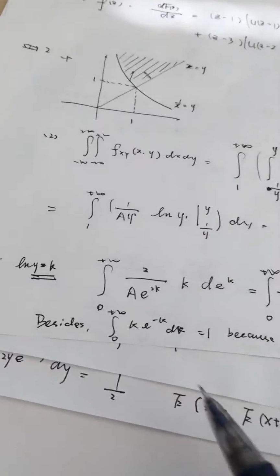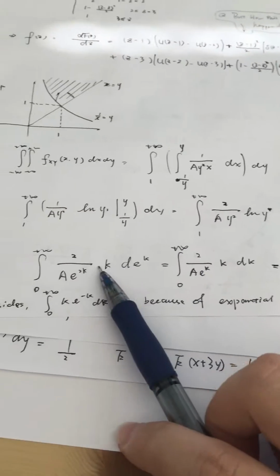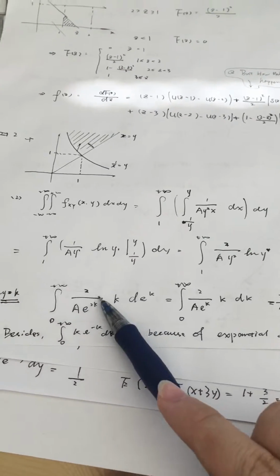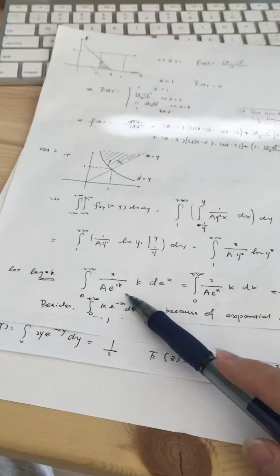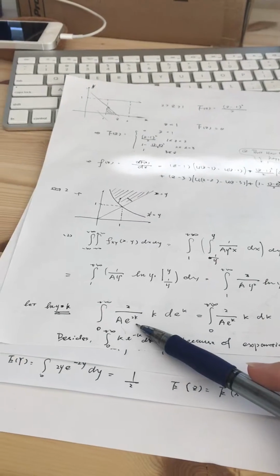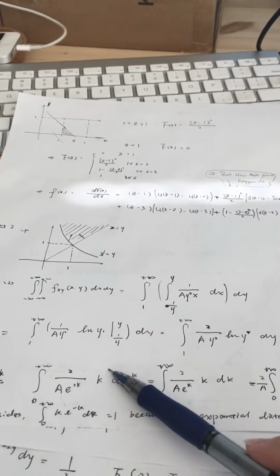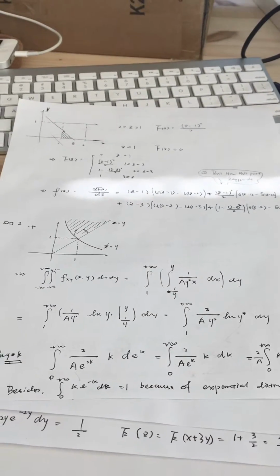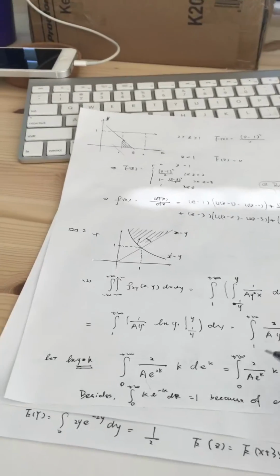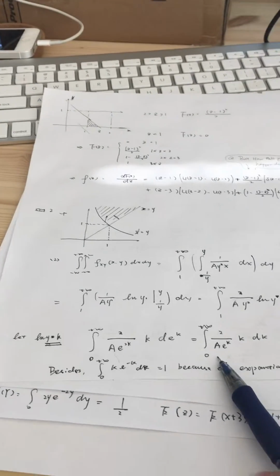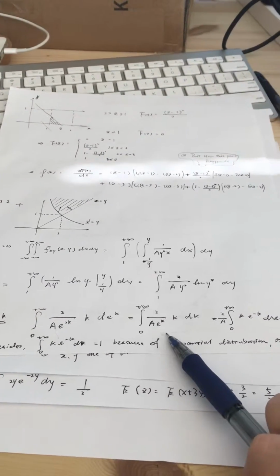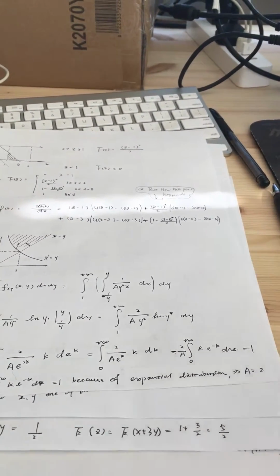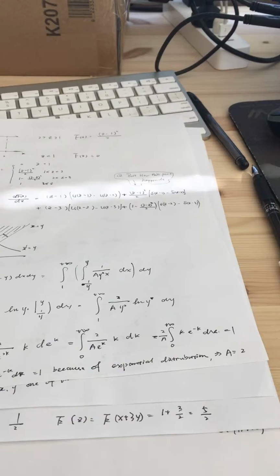Just write the same form, changing ln y to k: the integral is 2 over a times e to the power of 2k times k, d e to the power of k, which is e to the power of k dk. We can rewrite the form like this, and here we can easily see this is the exponential distribution's form.